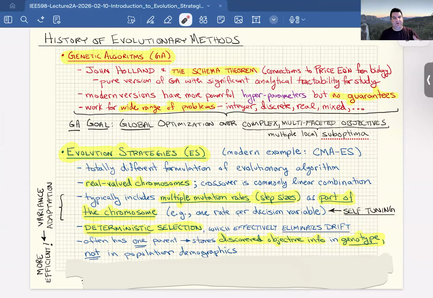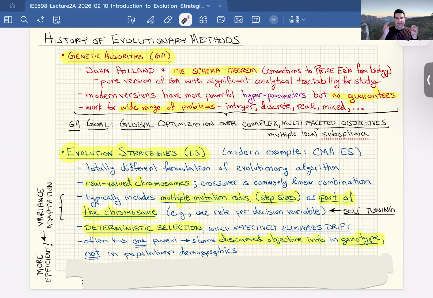So in the GA, the number of parents kind of set the resolution of the algorithm. But in the evolution strategies, we can get away with having just one parent, because that one parent is going to have mutation rates which can be adjusted. And so that one parent can make small steps from parent to offspring, or very large steps, or a mixture of small steps in some directions and large steps in other directions.